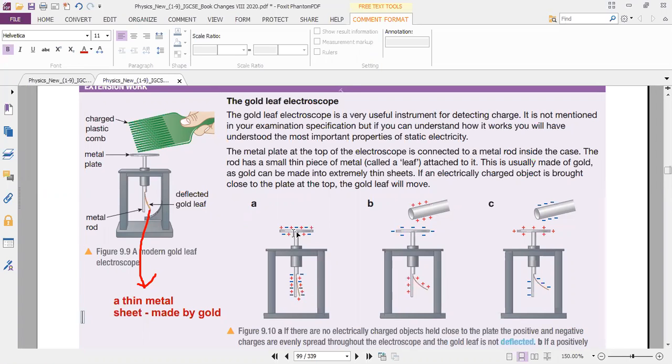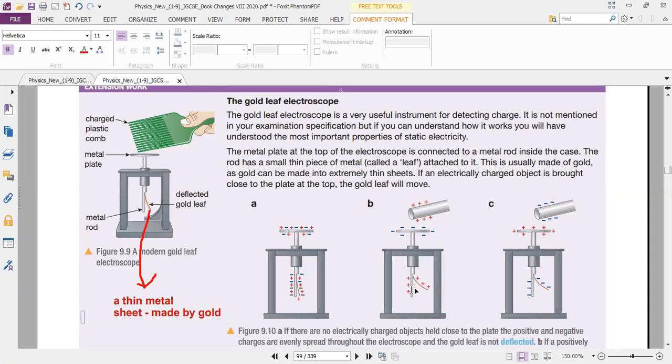And look at the demonstration here. All positive and negative charges are equally distributed when it is neutral. But when you bring a charged object closer, the neutral system is gone. All the negative charges are here due to positive and negative attraction, and the positive charges go there due to repulsion. Between positive and positive, there is a repulsion.